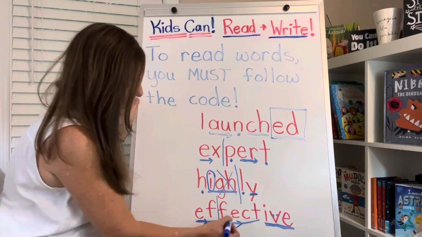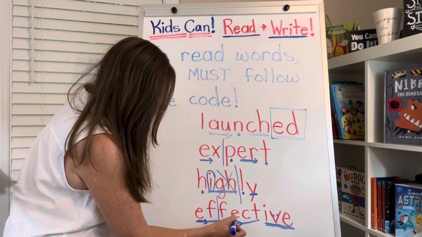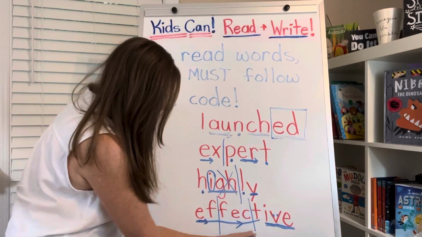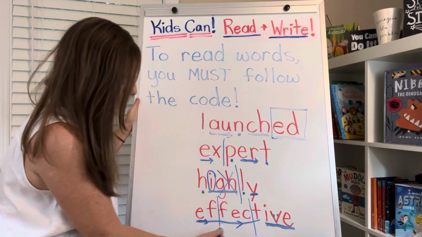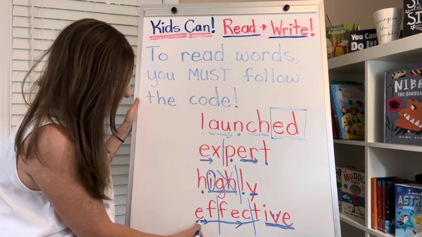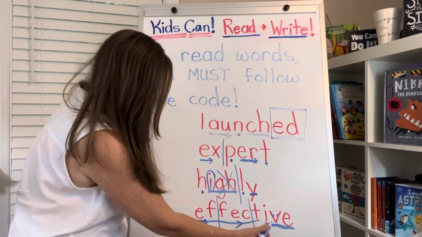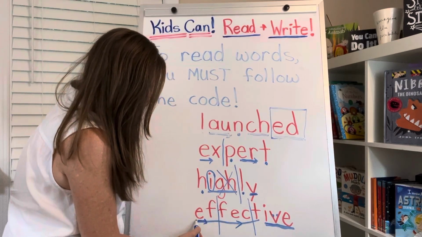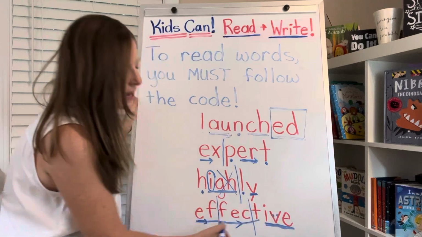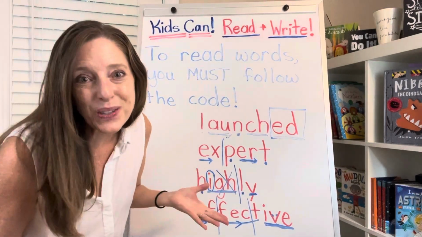Now, if you want to use my usual way where we go one passive vowel and you break it here instead of here, well, let's see if that would work. Effective. Effective. Hey, guess what?